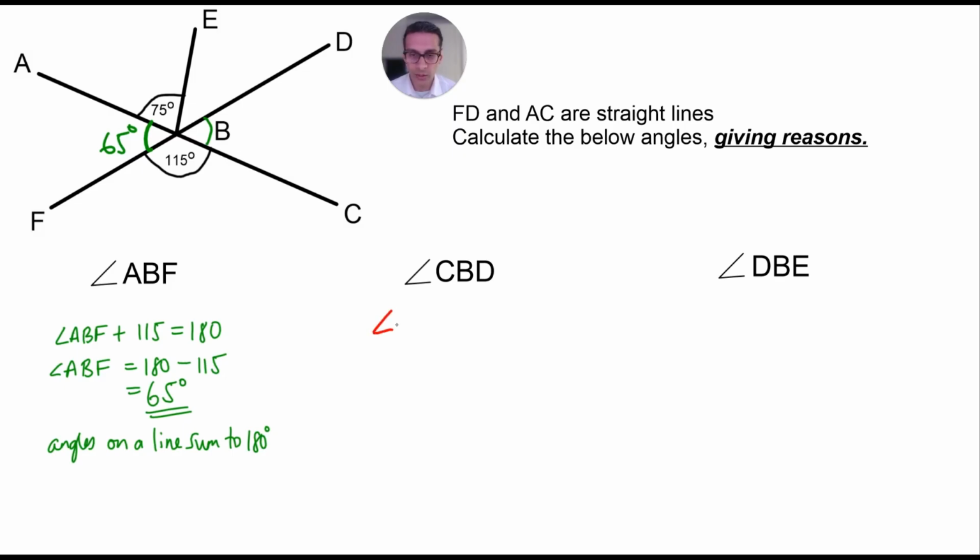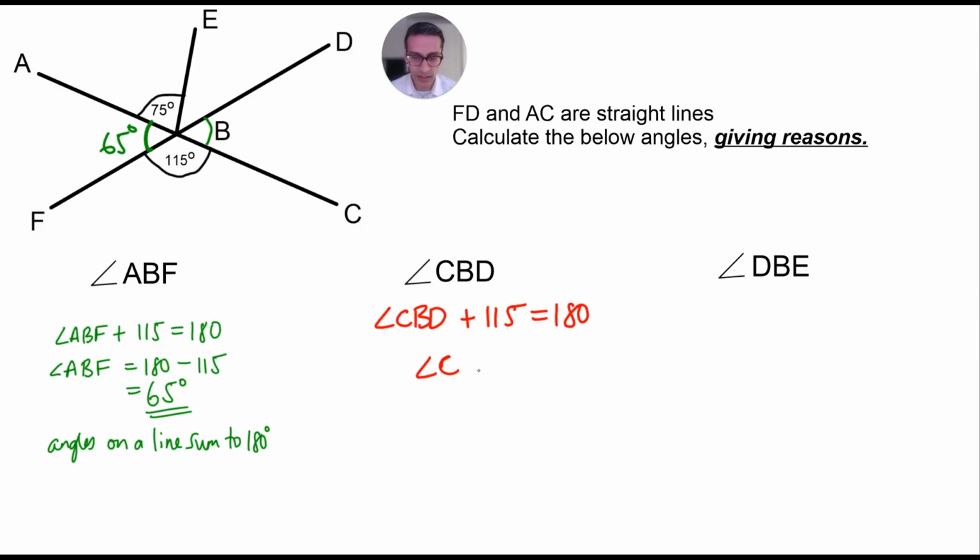So we're going to say angle CBD plus 115 equals 180. And it turns out it's actually exactly the same calculation.